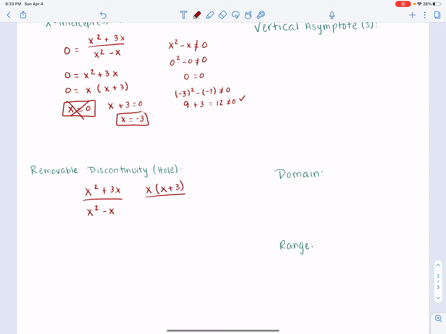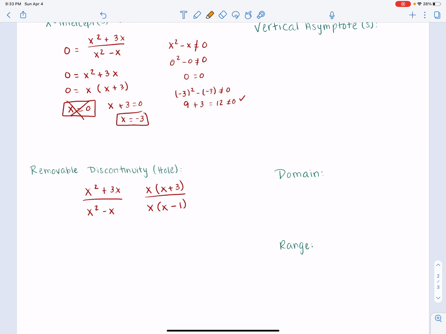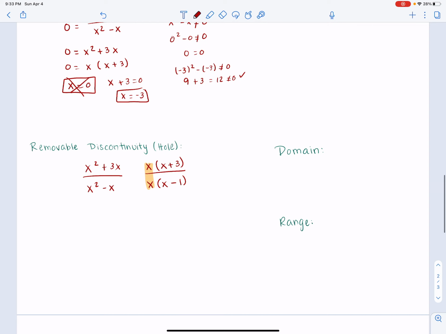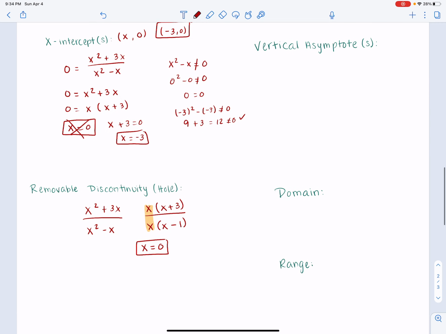My denominator factors to x times x minus 1. So it looks to me like I have a hole with this matching factor. So I have a hole where x equals 0, which makes sense because we already found out that 0 makes it undefined. So somewhere we've got a hole where x is 0.